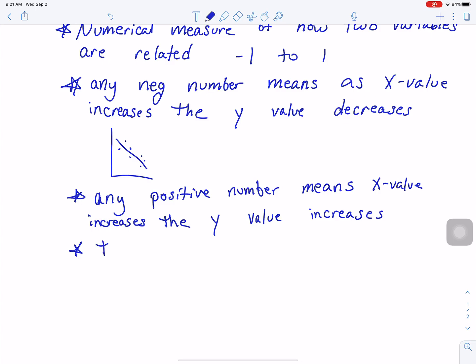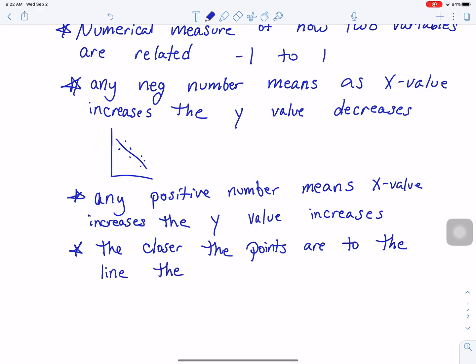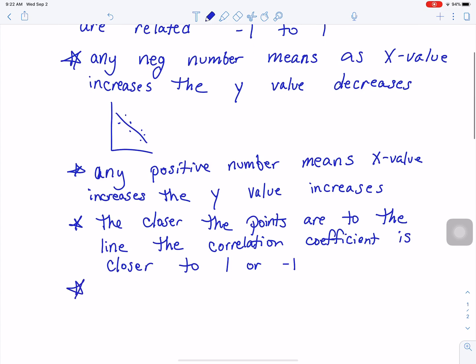So the closer the points are to the line, the correlation coefficient is closer to 1 or -1. And a 0 means no relationship.